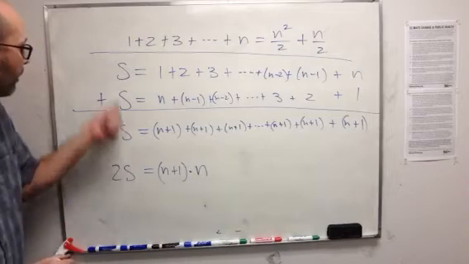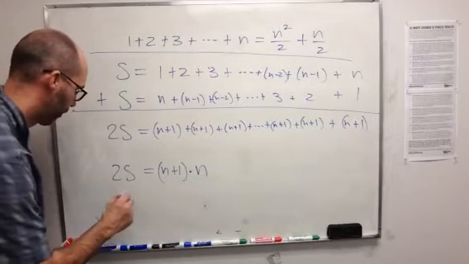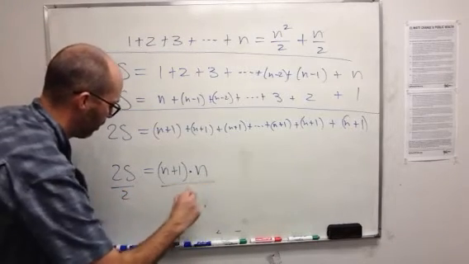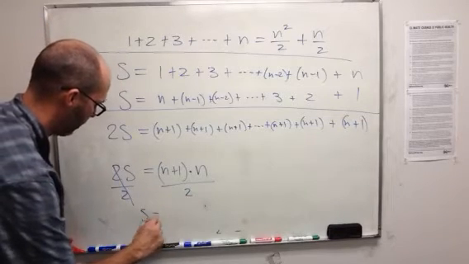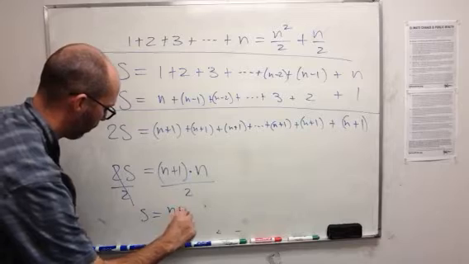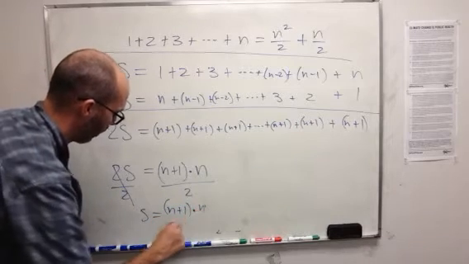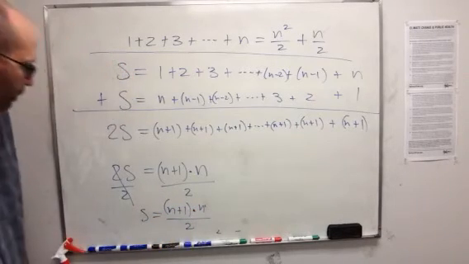Now we want to solve for S, so divide both sides by 2. We have that S is equal to n plus 1 times n over 2.